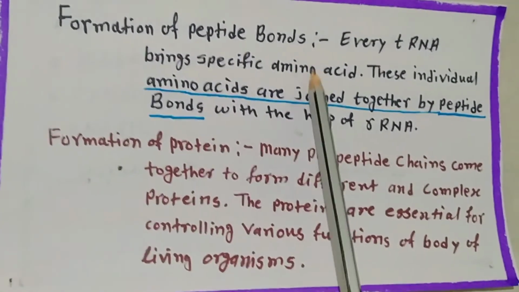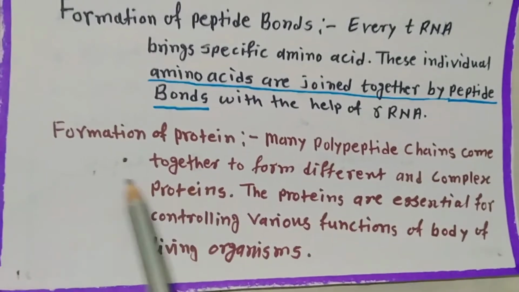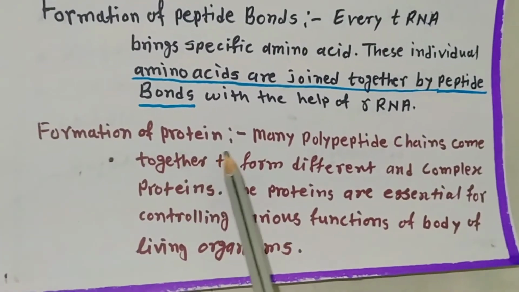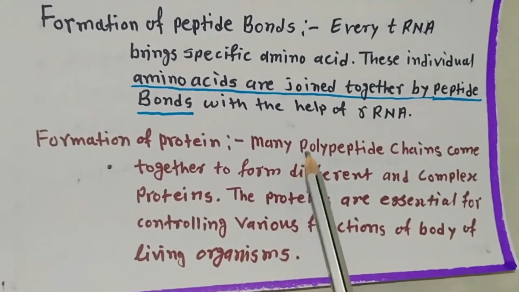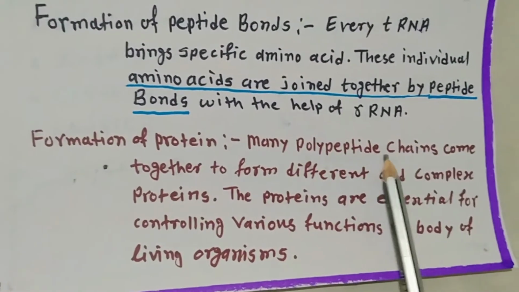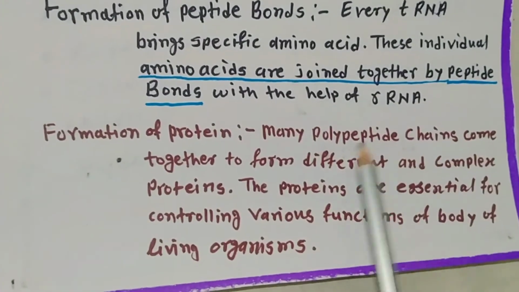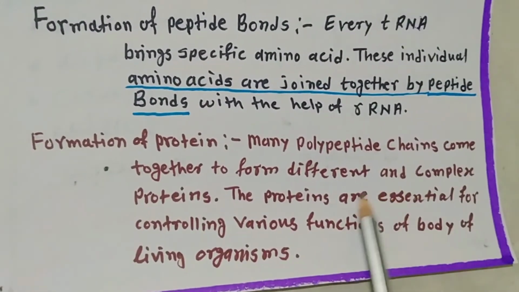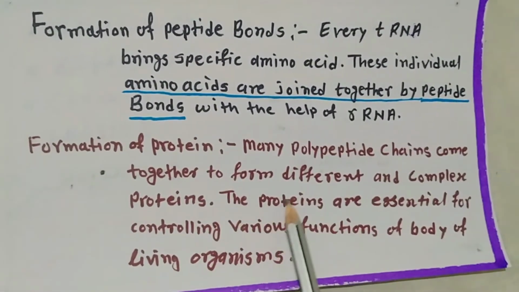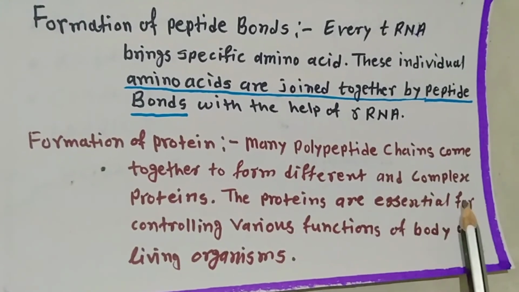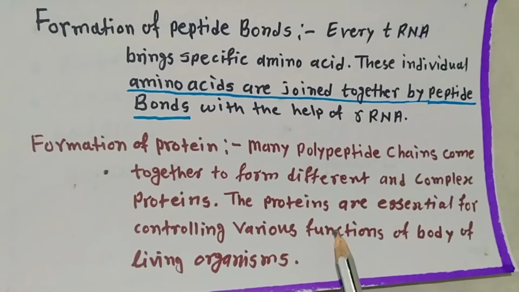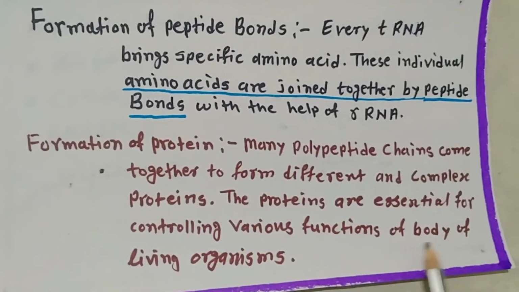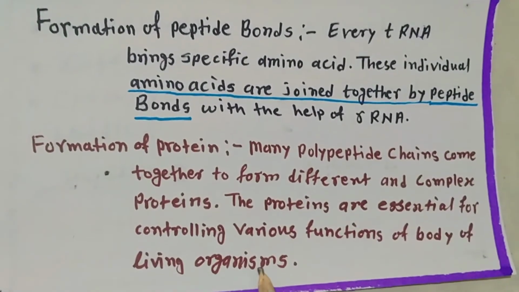Then lastly, formation of the protein molecule. Many polypeptide chains come together to form different and complex proteins. The proteins are essential for controlling various functions of the body of a living organism.